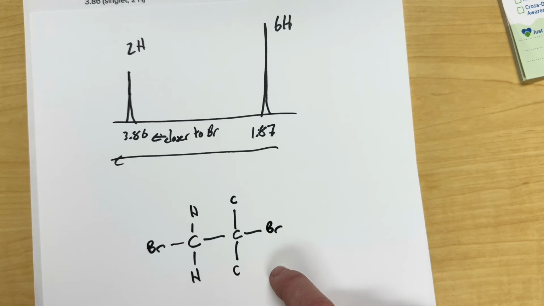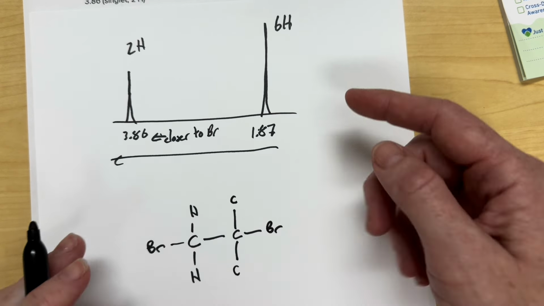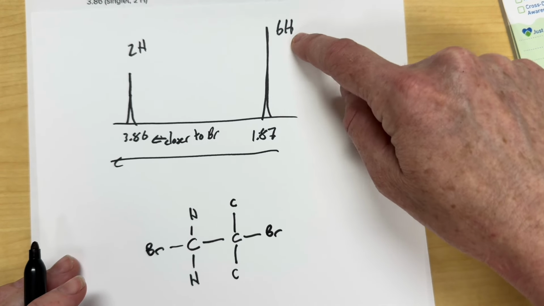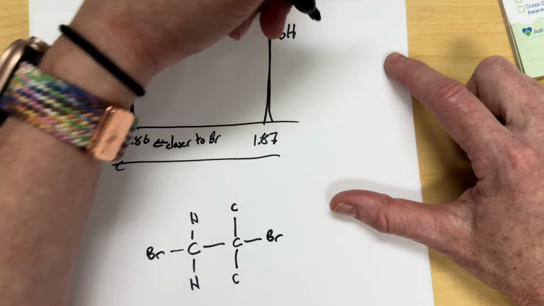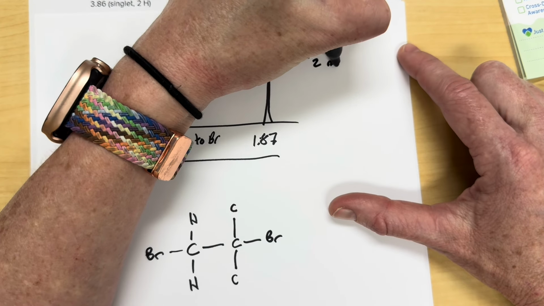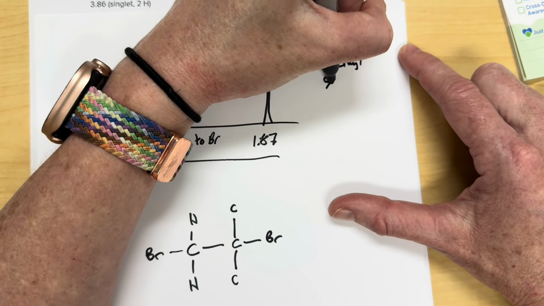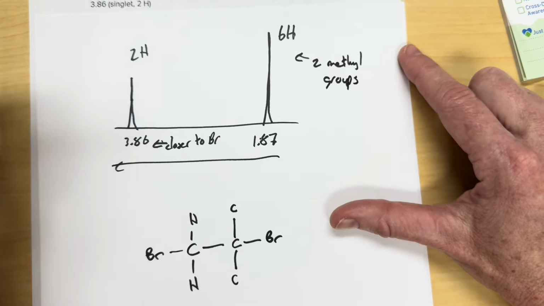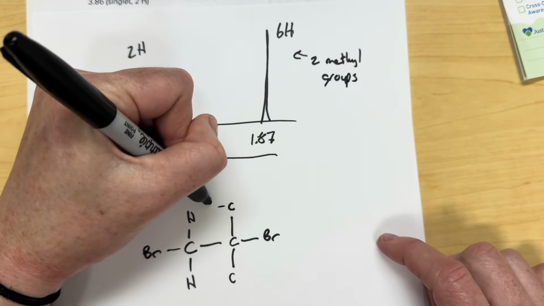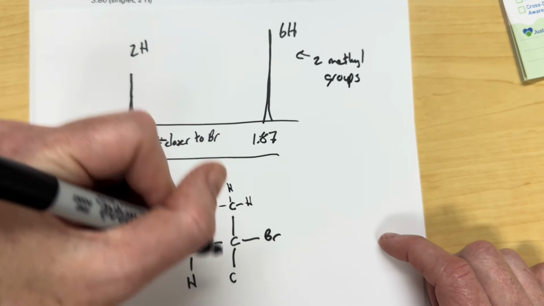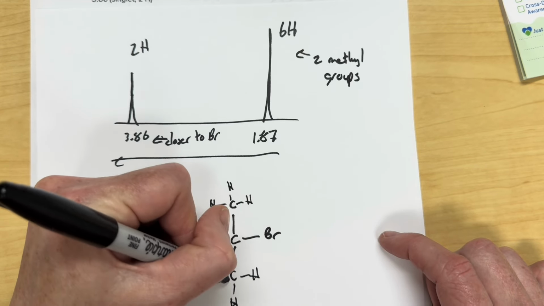Okay. Now let's look at this other one. This 6H is telling us that there are 6 hydrogens. Anytime you see 6 hydrogens, you usually should think 2 methyl groups. So the only place that goes is right here where we have 2 methyl groups that are just waiting to be filled in.